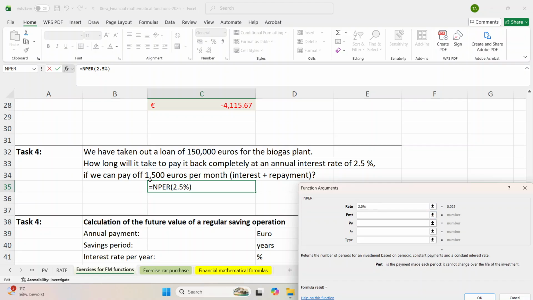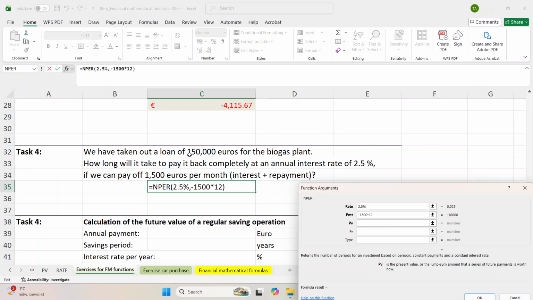Payment: we are paying 1,500 euro per month, but we have to calculate it for a year, so we have to multiply it by 12. And as we are paying it back to the bank, money is going from us, so we have to use minus.